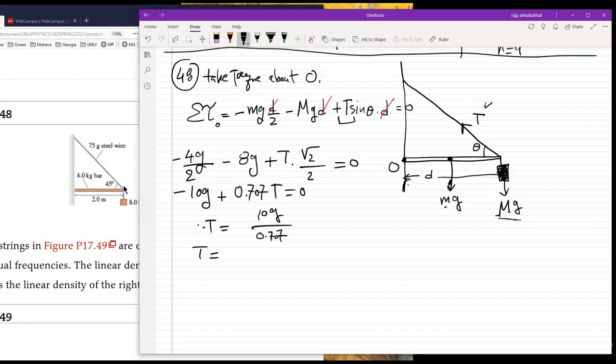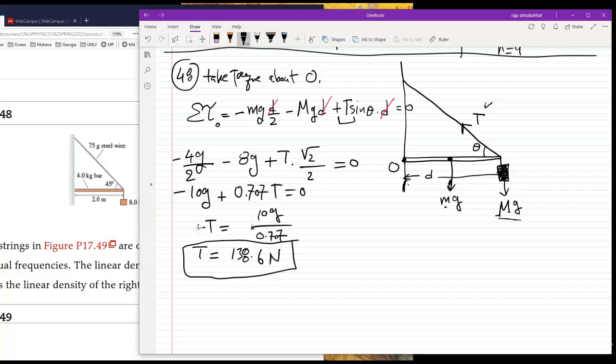Let me use my calculator for that: 10 times 9.8 divided by 0.707, answer 138.6. So the tension is 138.6 Newton. There we go. I'm basically done with the problem once I get the tension.